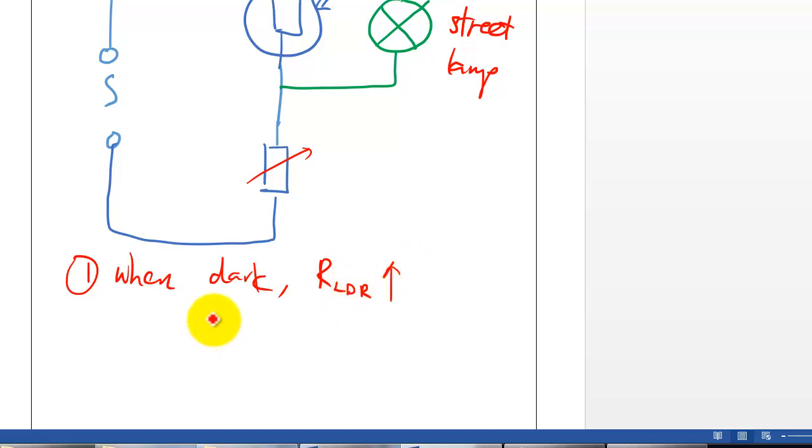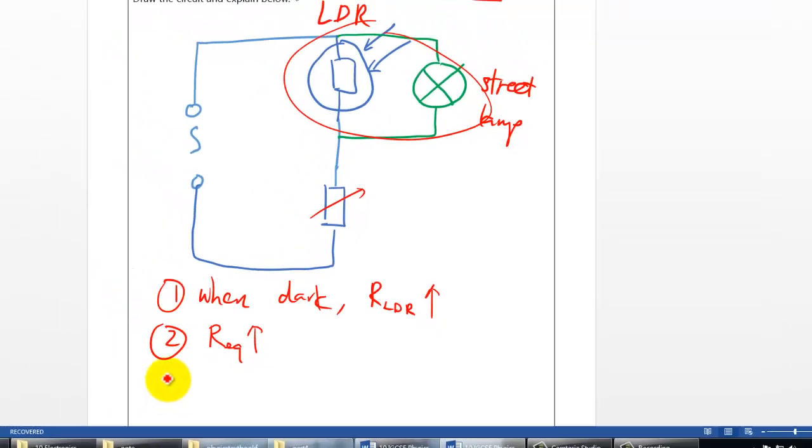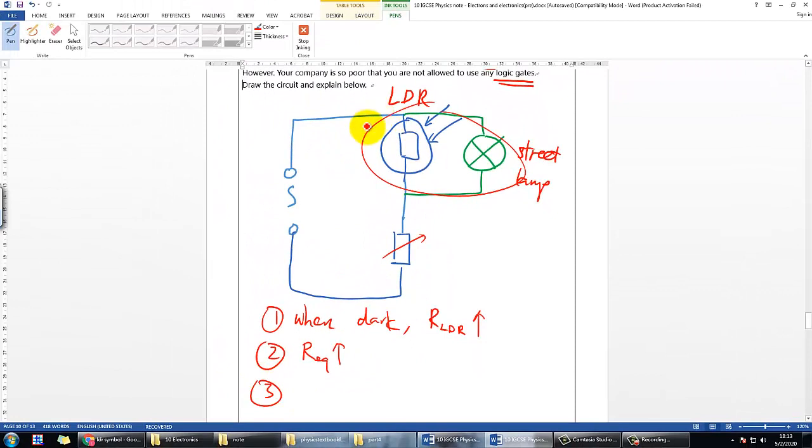In that case, even though this is a parallel circuit, the equivalent resistance of these two will still increase.